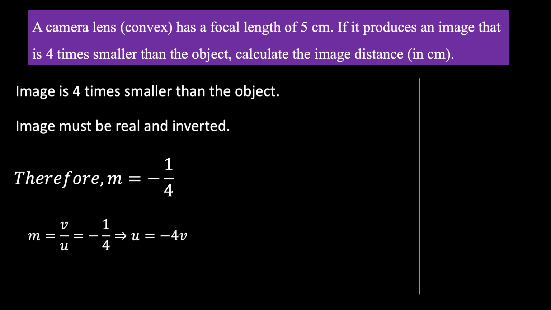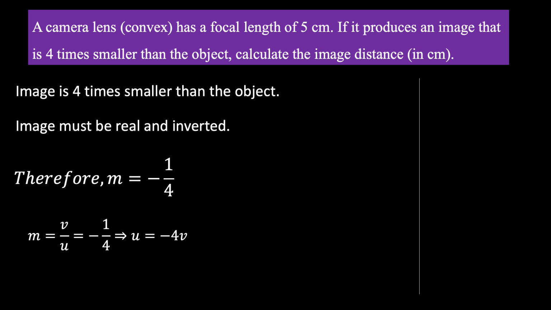Now M is equal to V divided by U, which is equal to minus 1 by 4, and therefore U will be equal to minus 4V. Now you can pause the video, substitute this value into the lens formula, okay, and try to obtain the answer.